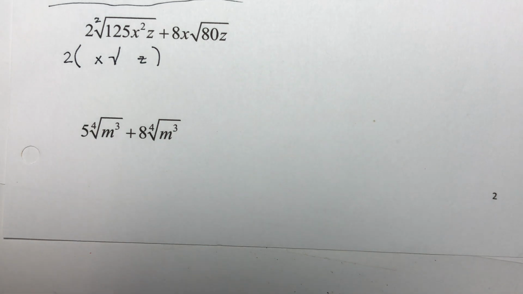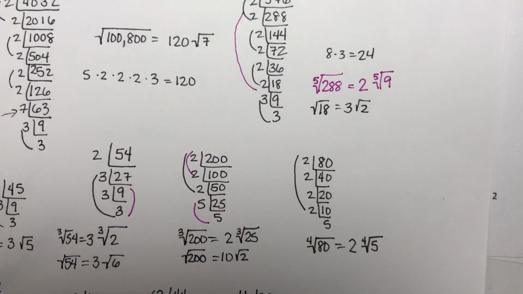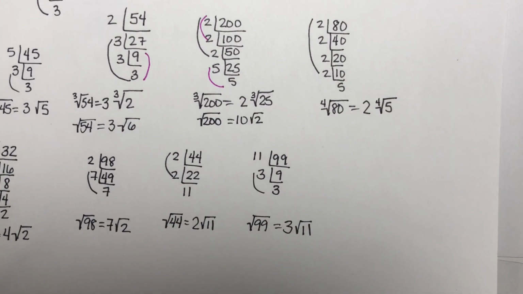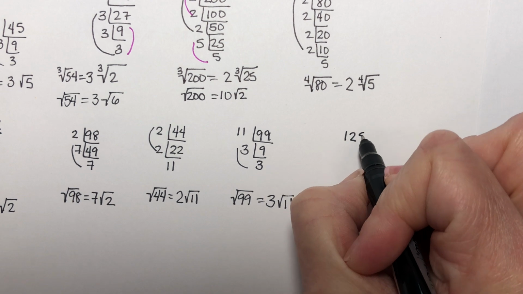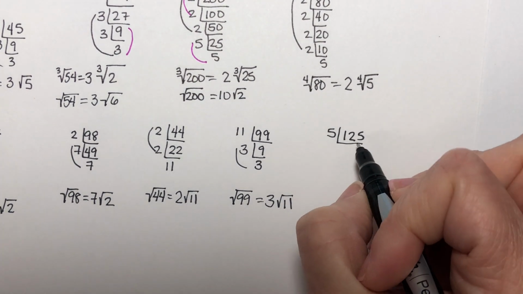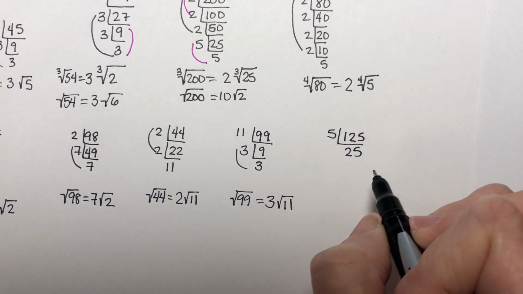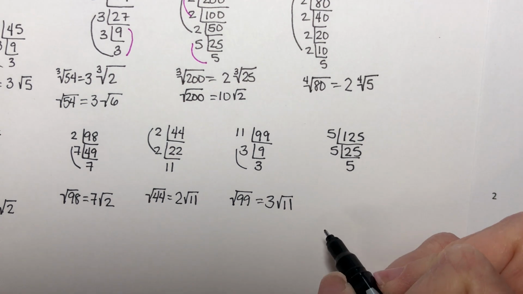So let's look at the square root of 125. Do we have 125 on here anywhere? I don't think so. So 125 is divisible by 5. If I do that, I get 25, which is also divisible by 5, which leaves me with a 5.